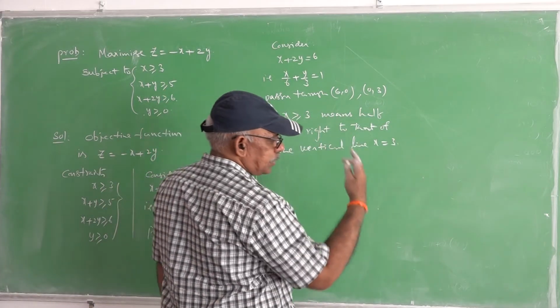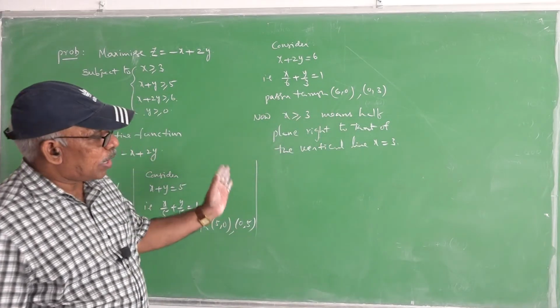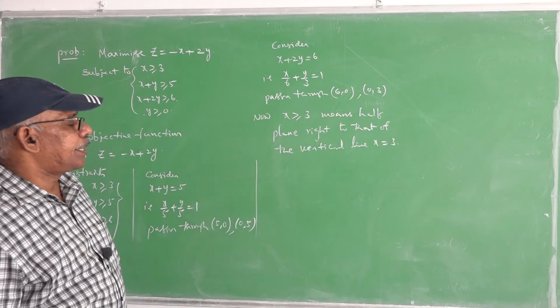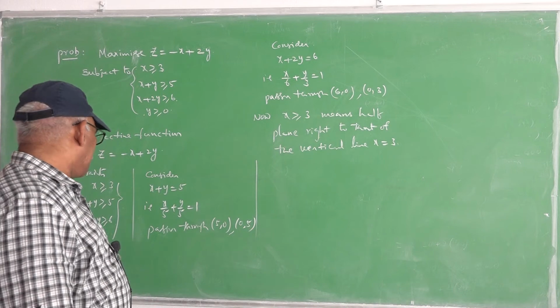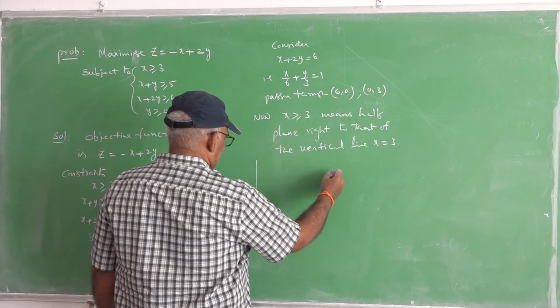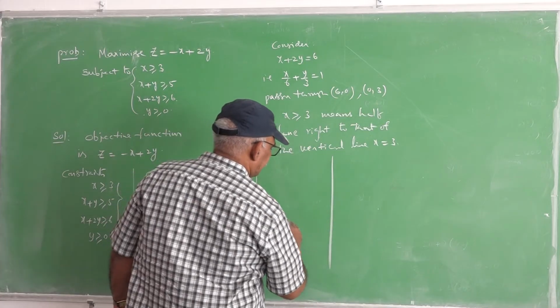The line x equal to 3 is a vertical line. The right half of the line is to be considered. y greater than or equal to 0 means first quadrant.